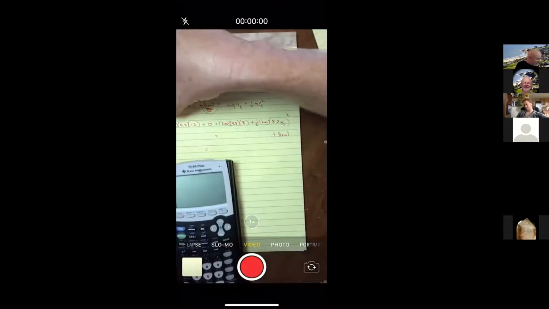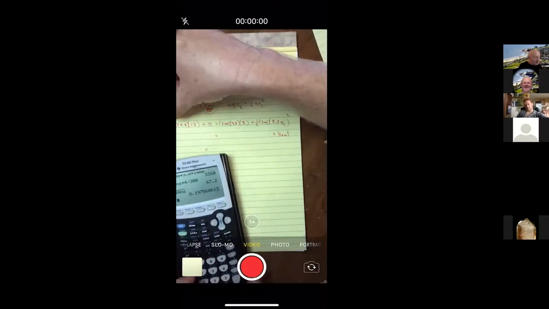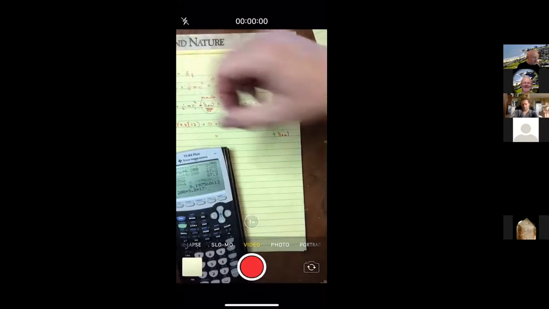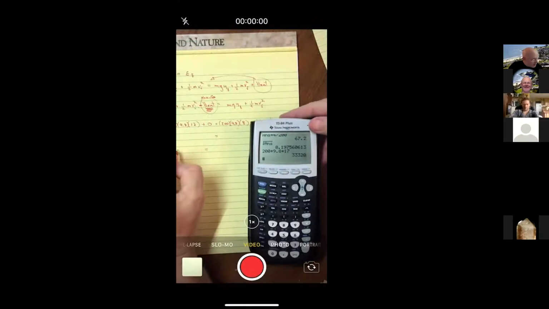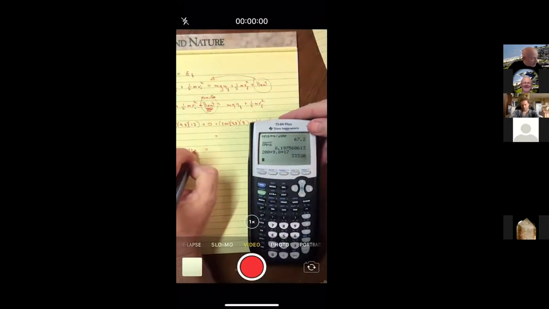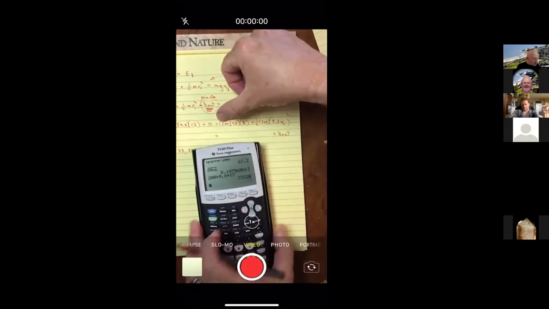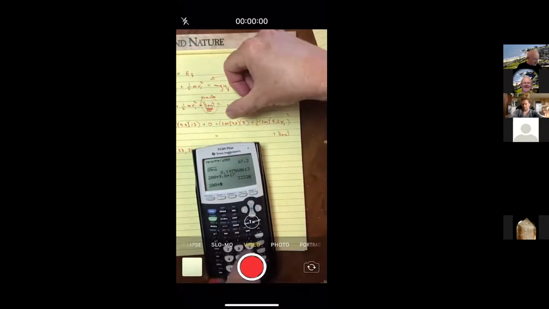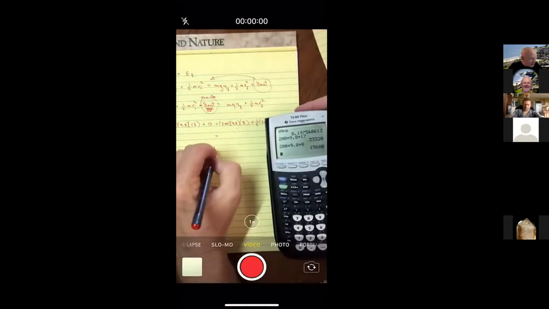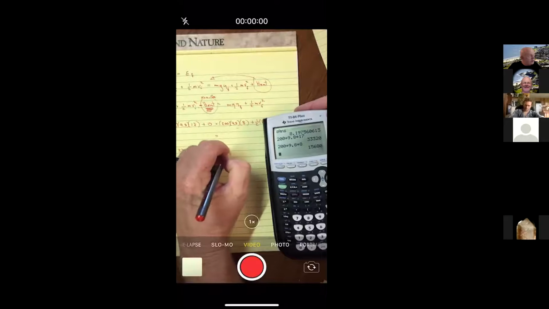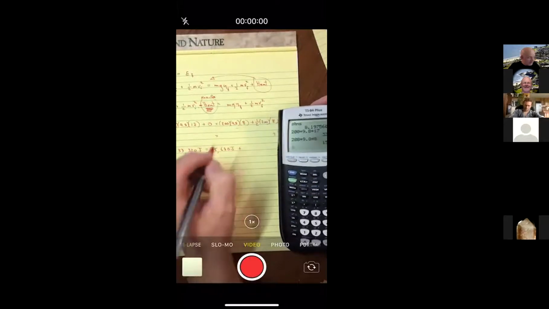So if I grab my calculator, I started with this much energy, 200 times 9.8 times 17. So this is 33,320 joules. Now, when it gets to the top of the loop, it has this much energy because of gravitational potential, 15,680 joules.